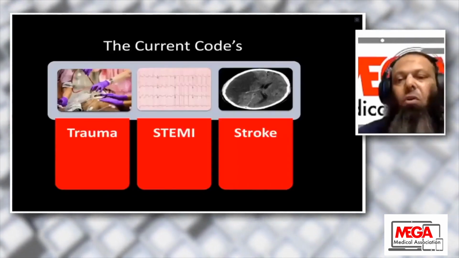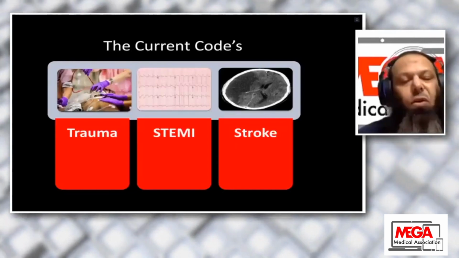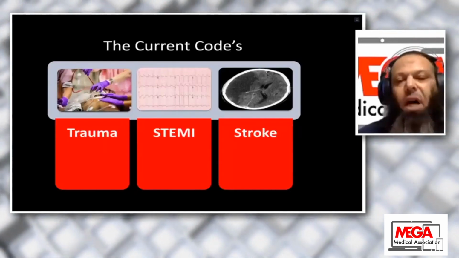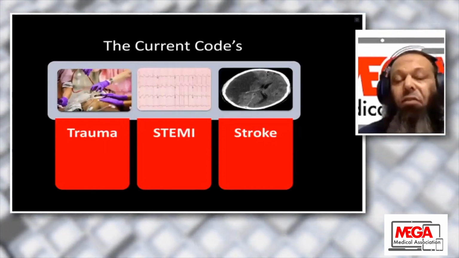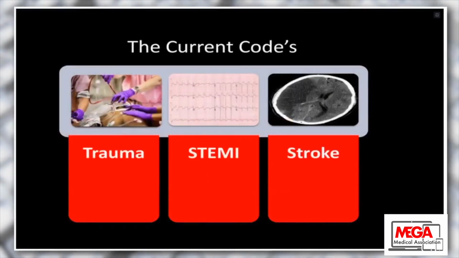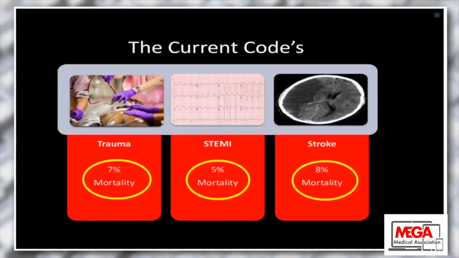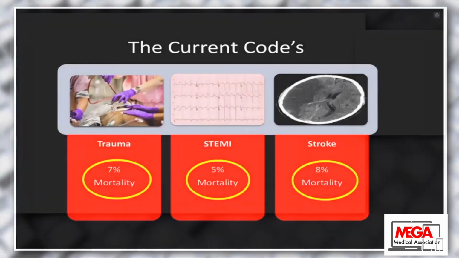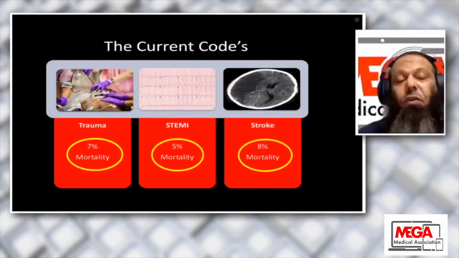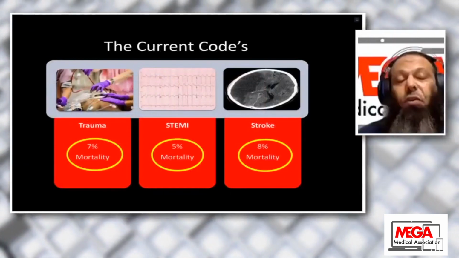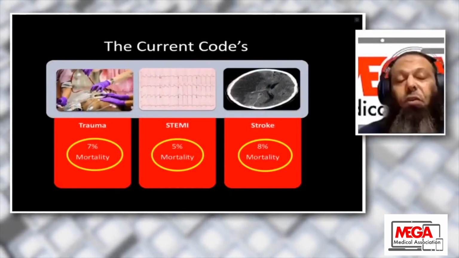Of course, all of us working in trauma, CCU, or neurocritical care, we have 3 codes for the hospital: trauma, STEMI, and stroke. The overall mortality from trauma is about 7%. For STEMI it is about 5%.